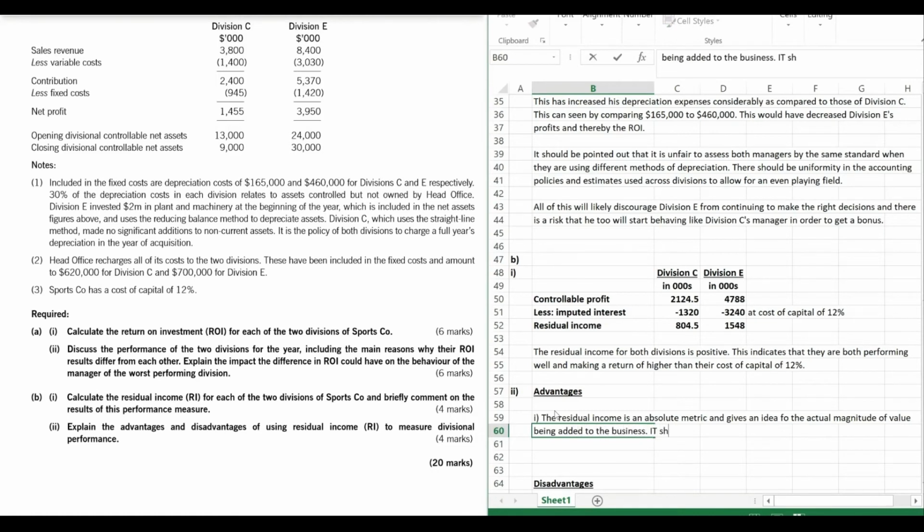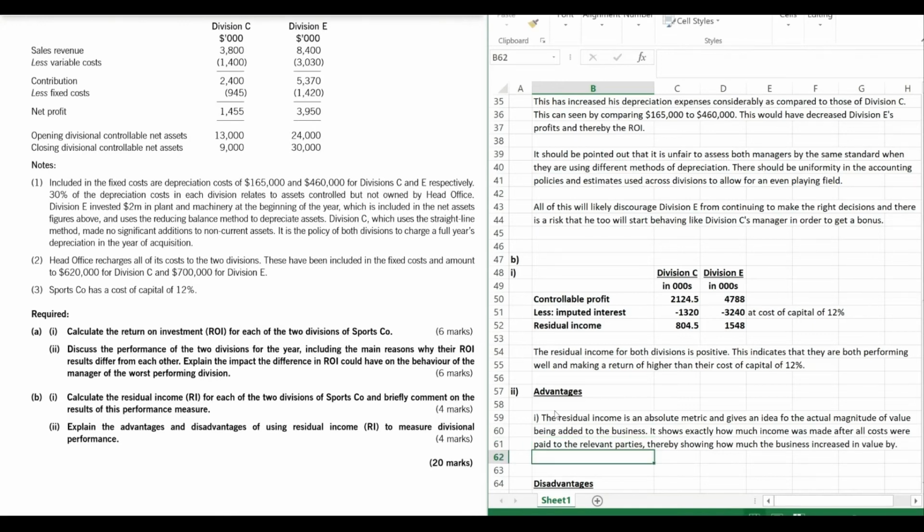It shows us exactly how much income was made after all costs were paid to the relevant parties, thereby showing how much the business increased in value by.